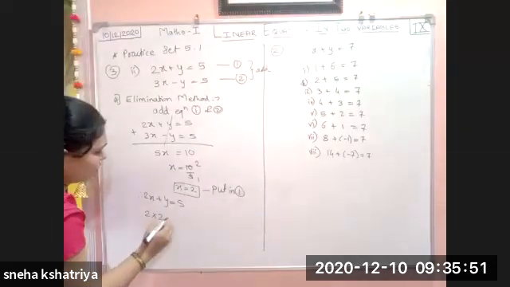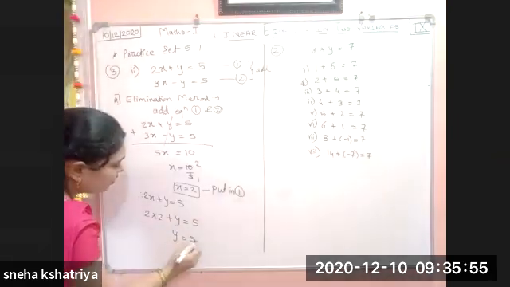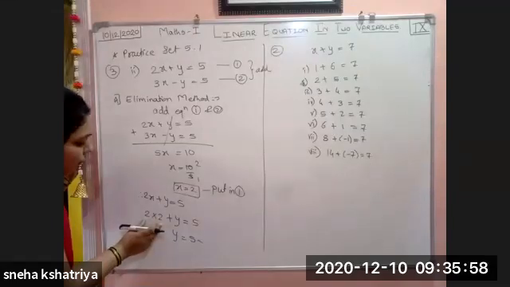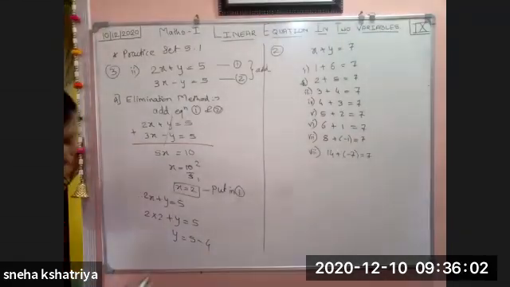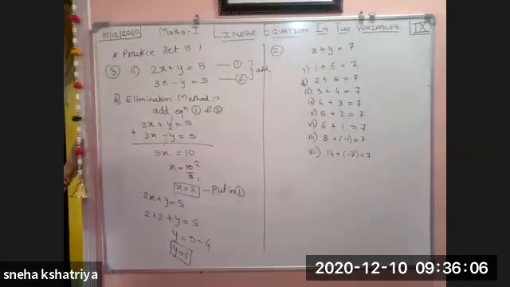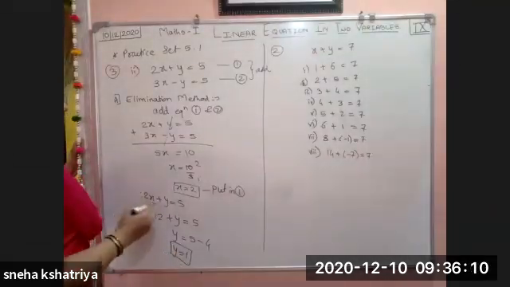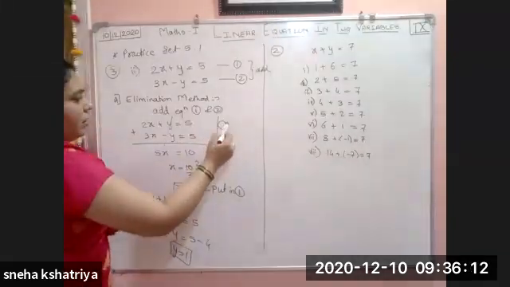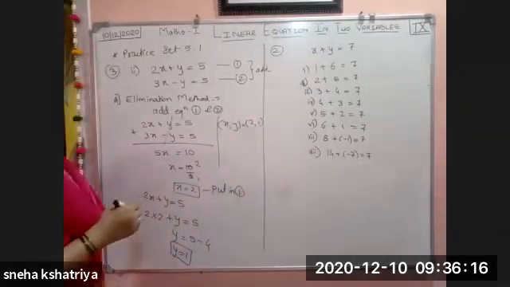So 2 into 2 plus y is equal to 5. y is equal to 5 minus 4, since 2 into 2 is 4, plus 4 there will become minus 4. So you get y is equal to 1. So the value of x is equal to 2 and y is equal to 1. So the ordered pair (x, y) is equal to (2, 1).